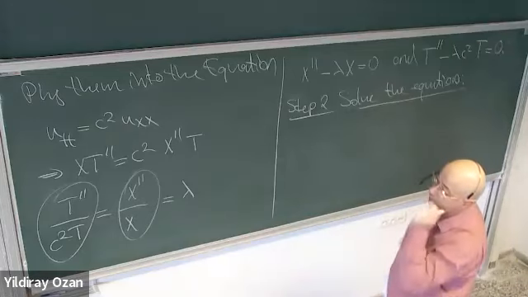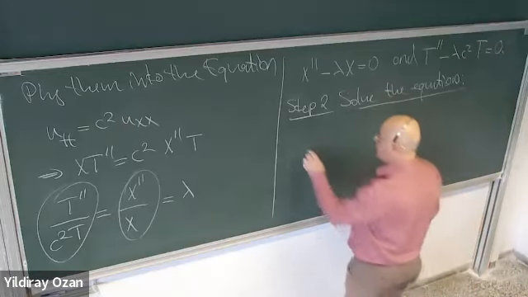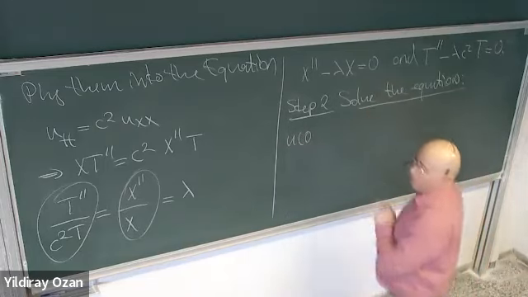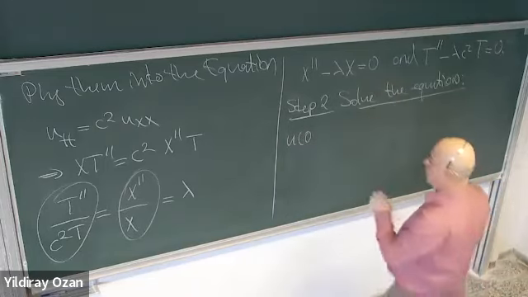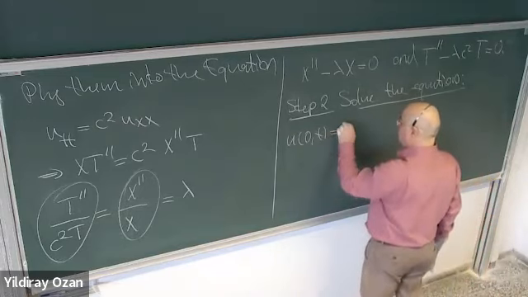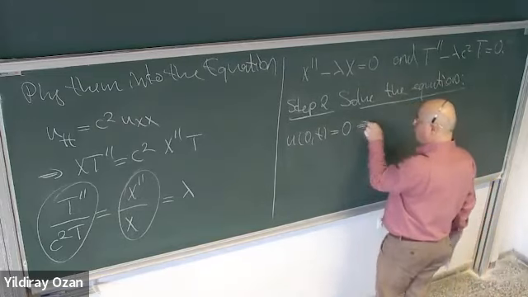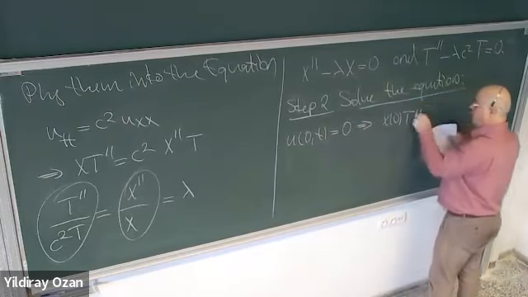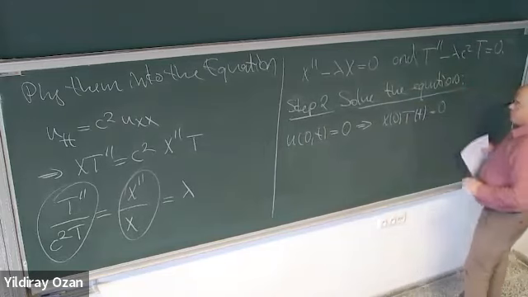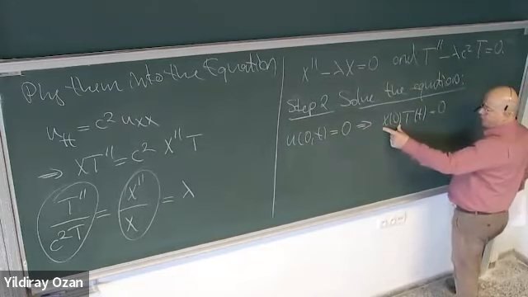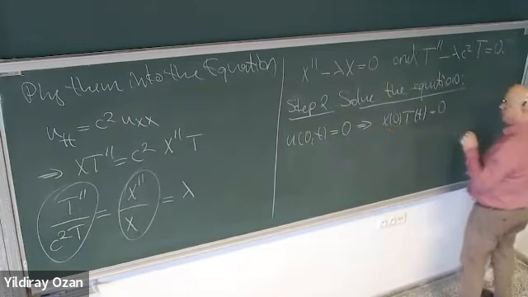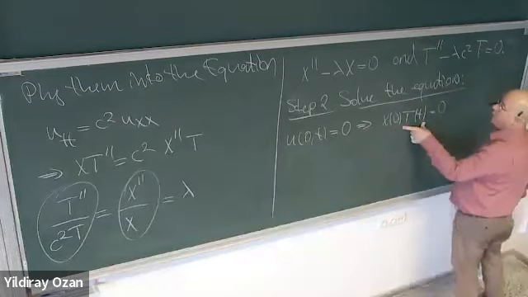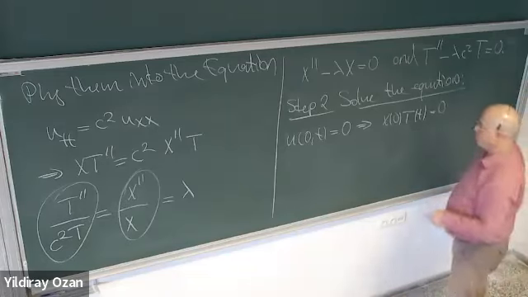initial condition and boundary conditions. What will the initial conditions and boundary conditions be? At x equals 0, this is x of 0, and then t of t. If x of 0 is not 0, then this becomes the 0 function. Therefore, the solution becomes the 0 function.